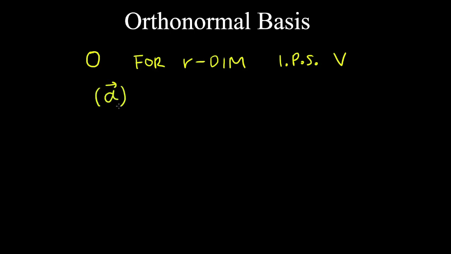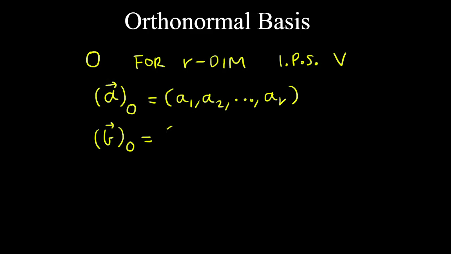If we have an orthonormal basis O for an R-dimensional inner product space V, and if the coordinate vector A in V relative to the orthonormal basis O has the coordinates A1, A2 up to AR, and B is another coordinate vector with respect to the orthonormal basis, which has the coordinates B1 to BR.